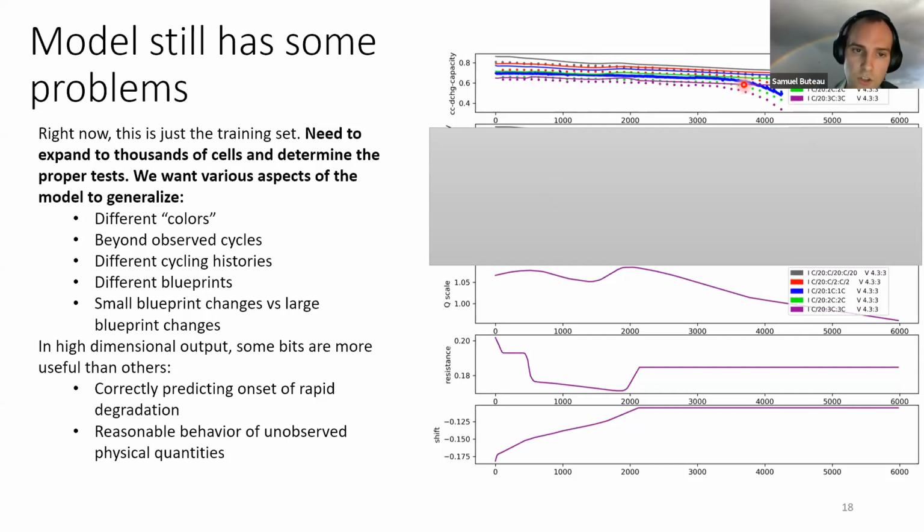So making sure that not only the full predictions are okay, but also that some high-level bits that you can extract from this prediction should also generalize properly. Similarly, with the unobserved physical quantities, you can think of those as well in terms of higher level bits from these predictions. And those should generalize properly.